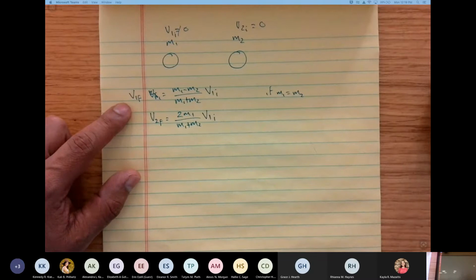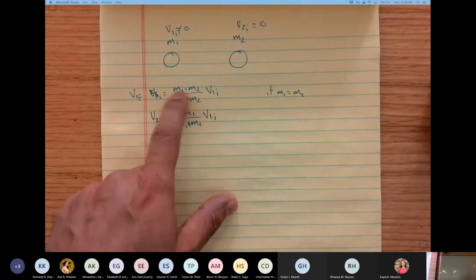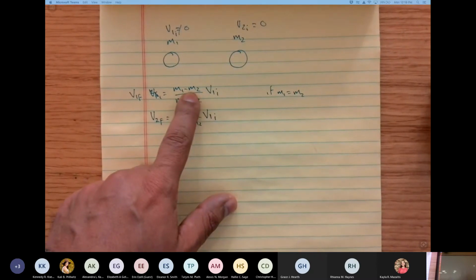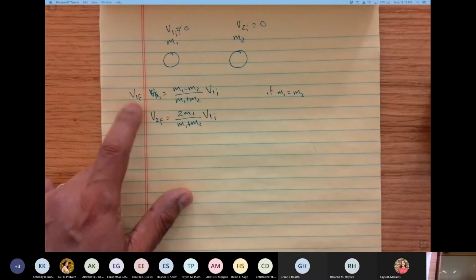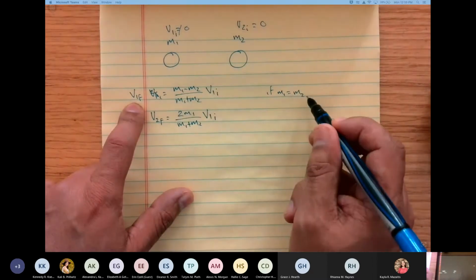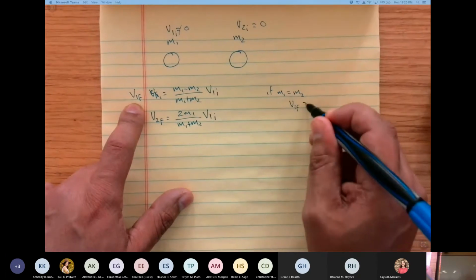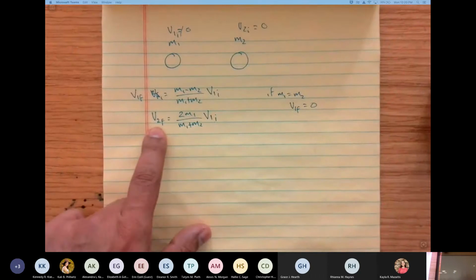If the two masses are the same, then m1 minus m2 is going to be 0, and that means that all of this is going to be 0. So the final velocity of 1 is going to be 0. Now, for the velocity of 2, well, you have 2 times m1.